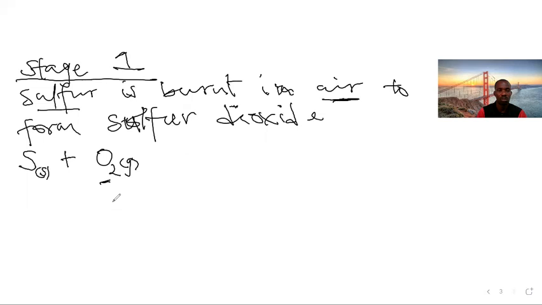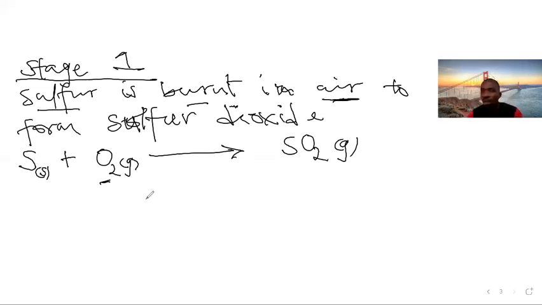Air is a mixture, so something in air combines with the sulfur. And when we say burnt, it is actually an oxidation reaction. This stage is irreversible to give you sulfur dioxide. Sulfur dioxide is a gas. Please always remember to balance your equations. Simple equations must always and always be balanced.